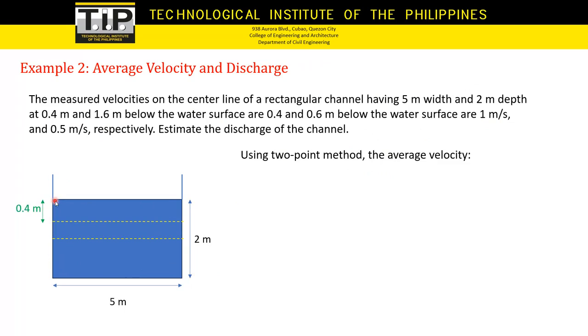The first point we looked at is the 0.4 meter depth, where we measure the velocity, most likely using a current meter. Another depth would be 0.6 meter. Please disregard this, it is just a clerical error.